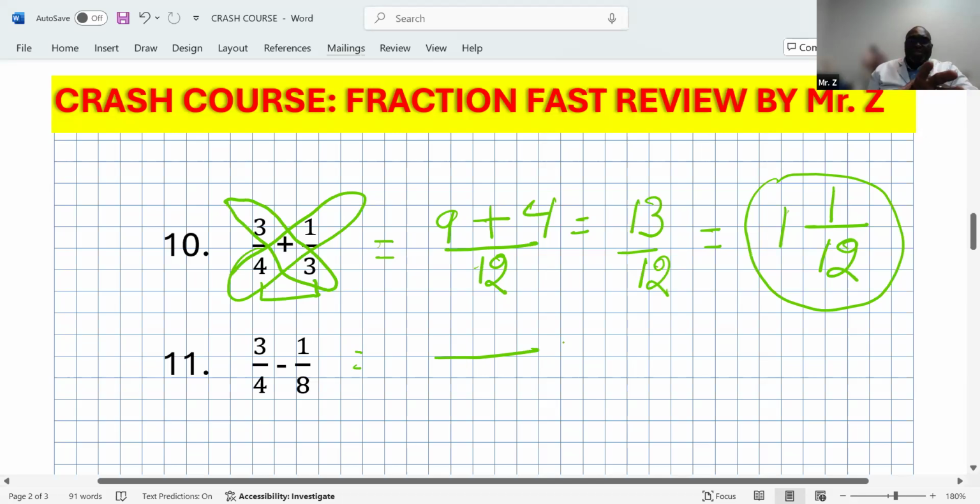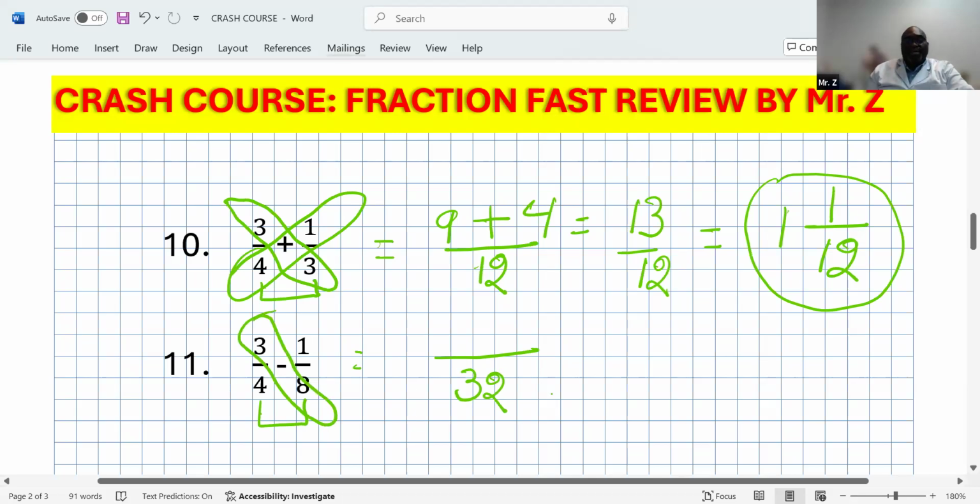So the same concept is going to apply as well when you are subtracting fractions that have the same denominator. You're just going to subtract the top. Okay, so in this case, since they do not have the same denominator, I'm going to do 4 times 8. You have 32. Now you gotta do this fraction first.